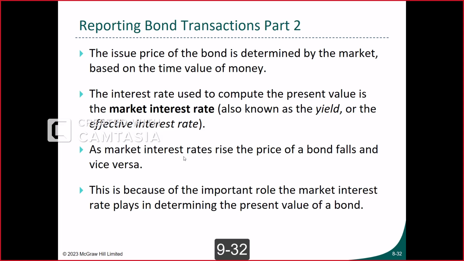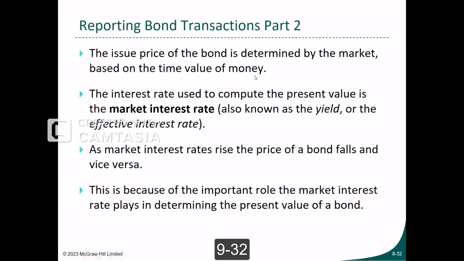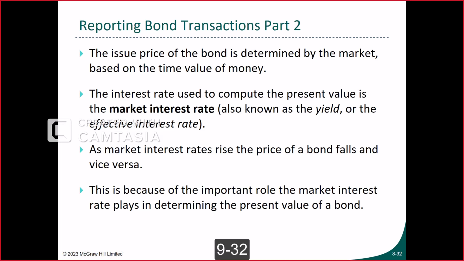That discrepancy will create a difference between the principal amount, the maturity value, and the issuance price. The issuance price is the amount that the company is going to collect on the day they issue the bonds. And we're going to elaborate on this.